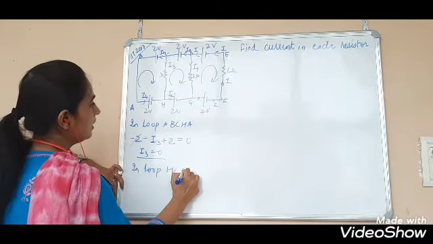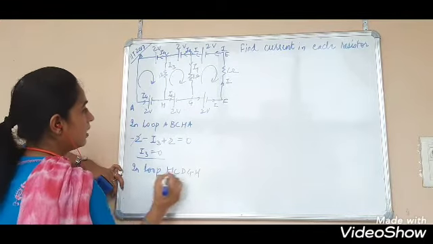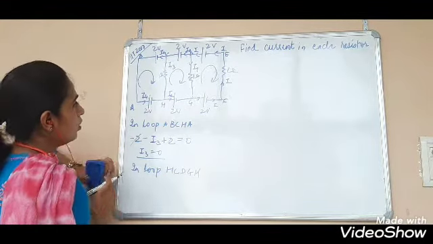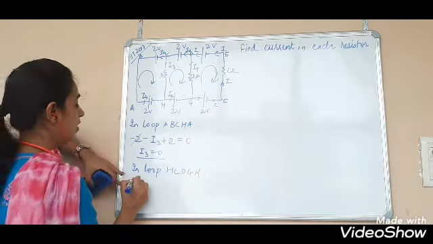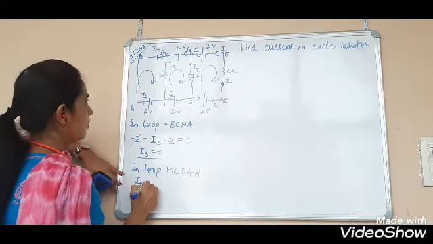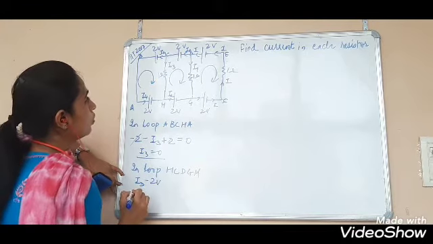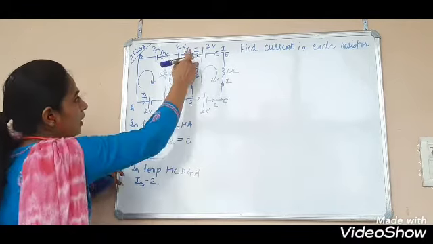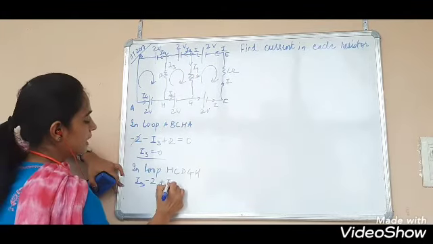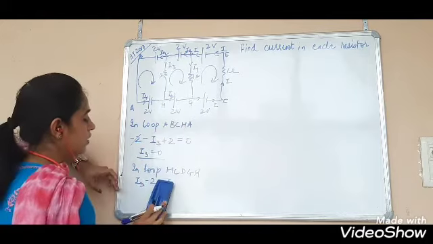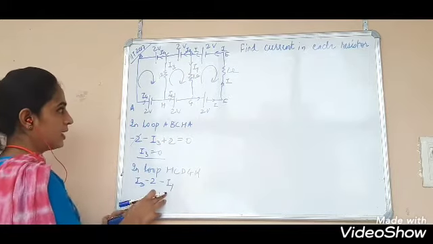Then in loop H, C, D, G, H. Now when you go from H to C, current and path are opposite, so that is positive I3. Going from higher to lower, that is a drop, -2. Then going from here to here, path and current are in the same direction, so minus I1.